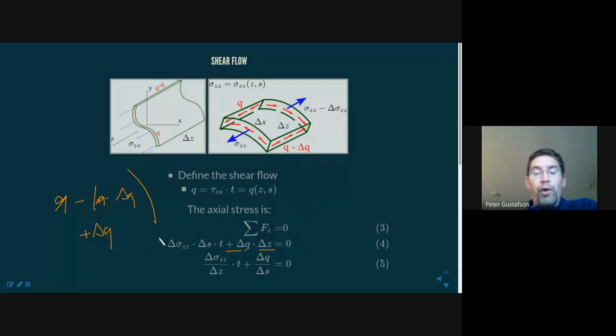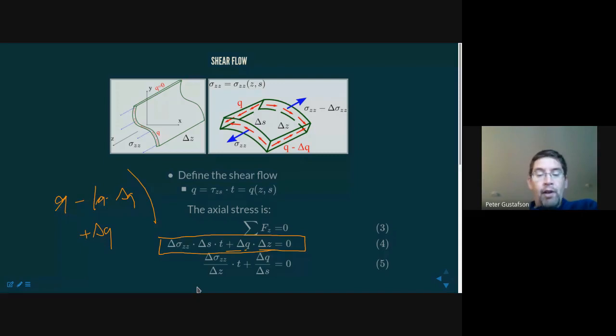So the total forces here are this equation. It's the change in the axial load over this differential element plus the change in the shear load. Each of those times their respective areas is equal to 0.